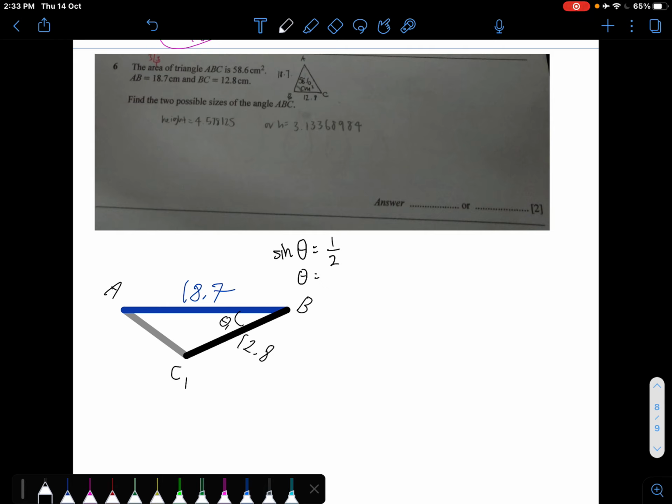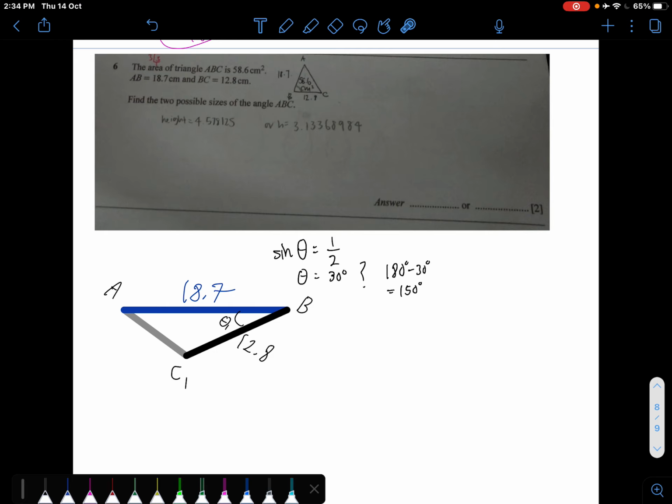Do you only get one angle, like 30 degrees? No, right? There's also the obtuse angle, 180 minus 30. So when you solve sine, you will get two possibilities. Cosine and tangent as well, but sine is more relevant to this question.